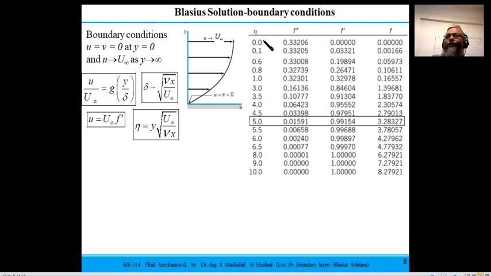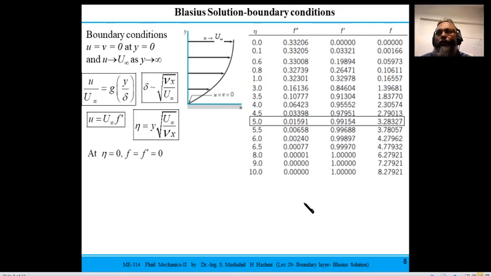So as eta is changing, the function, its first derivative and its second order term, these are those possible solutions for that ordinary differential equation.